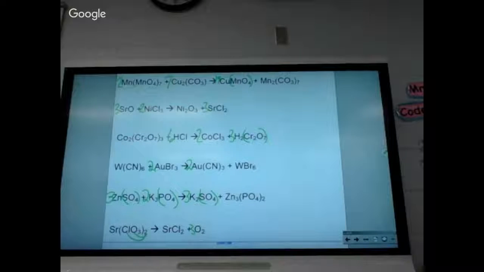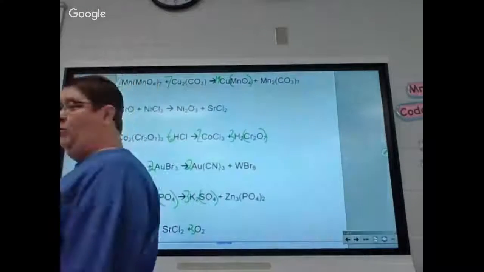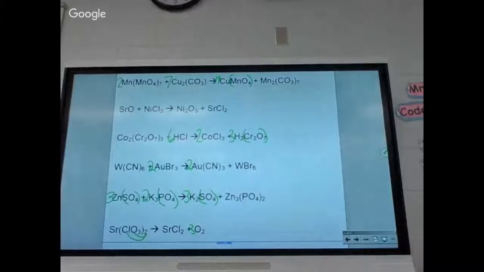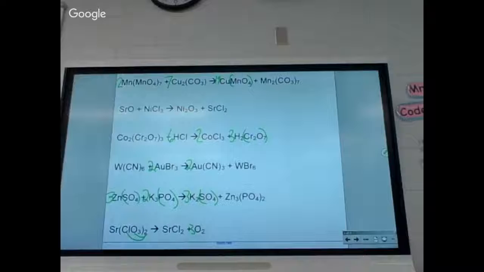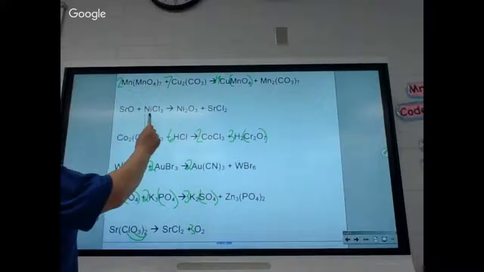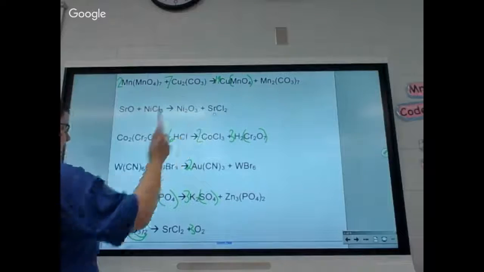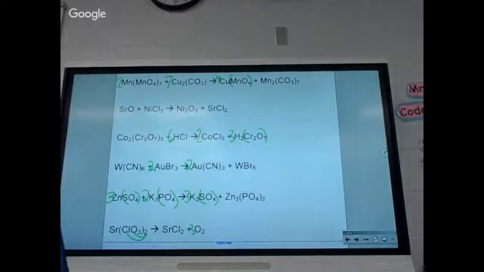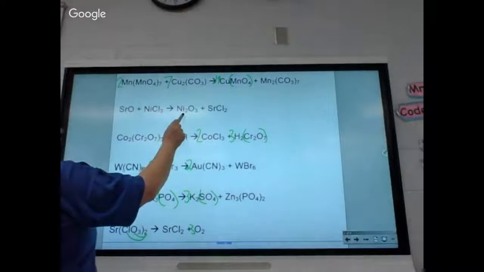Which one? This one here? Okay. So tell me which element you want to do first. How many SRs are here? Okay. So pick something different. How many NIs are here?